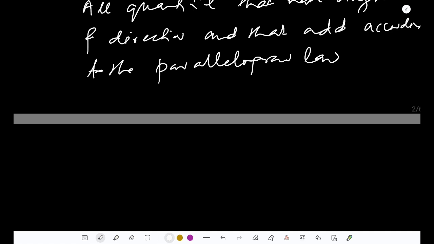The answer is no. Not all of them do. You may find physical quantities having magnitude and direction, but they fail to be added according to the parallelogram law.